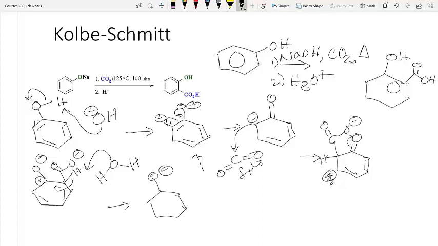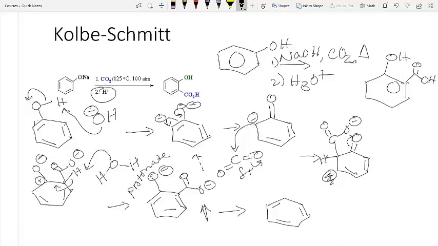So we have our phenoxide, we have our carboxylate ion, and in the presence of the acid, you protonate both. So we've drawn protonation steps numerous times, but basically you're going to protonate with the acid in step 2, and then also protonate here, and you get this.